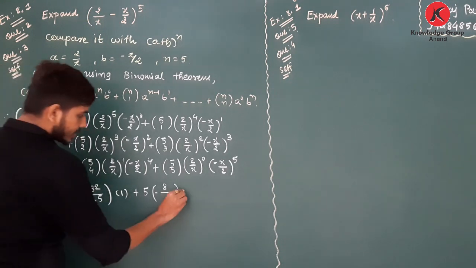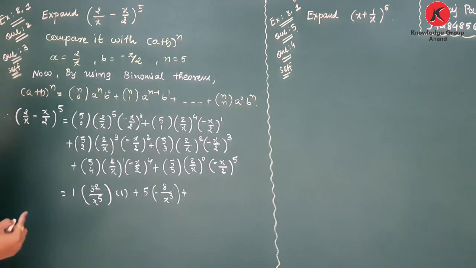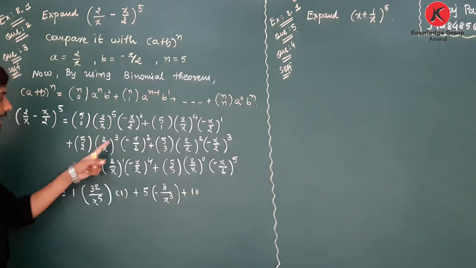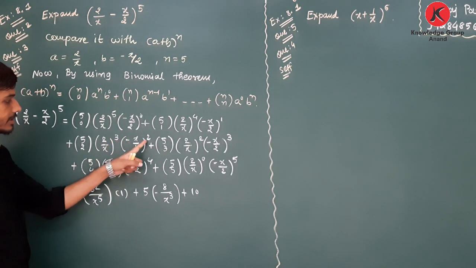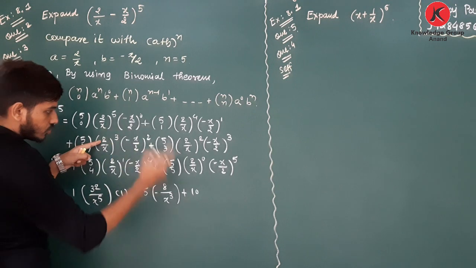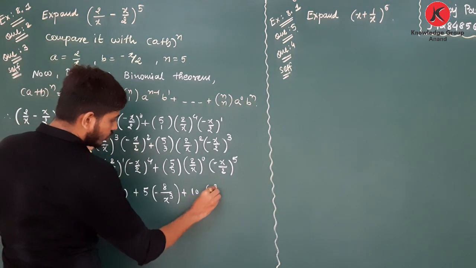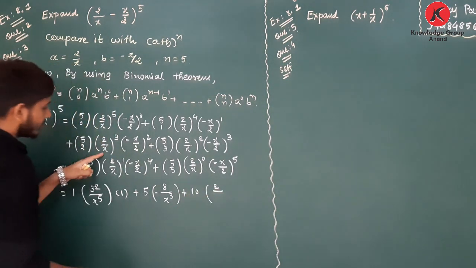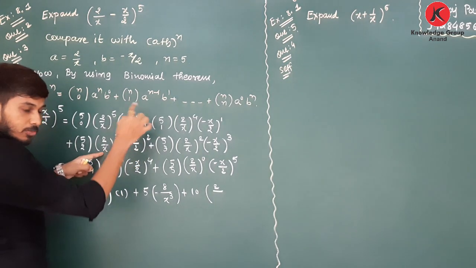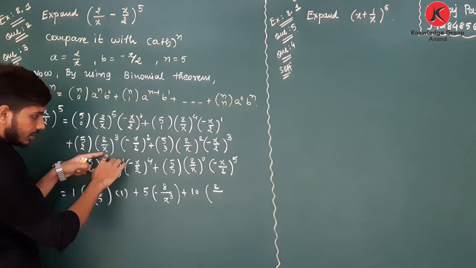Next, 5C2 will equal 5 4s are 20 divided by 2, 10, into (2 by x) raised to 3 (minus x by 2) raised to 2. 2 raised to 3 divided by 2 raised to 2 is equal to 2, divided by x raised to 3, with x raised to 2 in the numerator and x raised to 3 in the denominator.